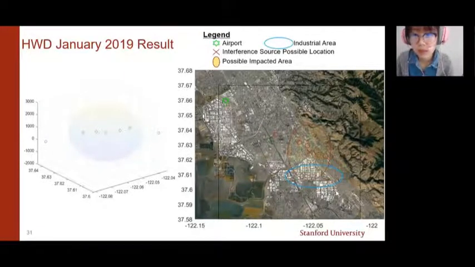And you probably noticed this circle is circling an industrial area, which means this algorithm could tell us something like maybe that industrial area might contain some jammers, some interference sources that could cause those interference events.